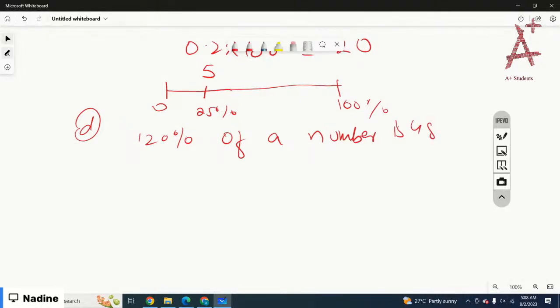So you have to do 48 divided by 120 because you have to calculate 1%. That equals 0.4. Now just multiply it by 100, so it equals 40. That means the number is 40, and 120% of the number is 48, right?